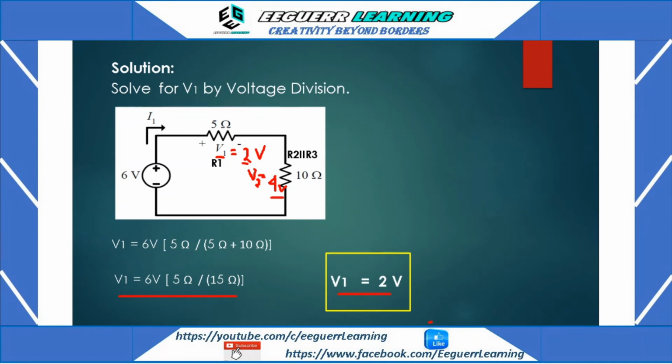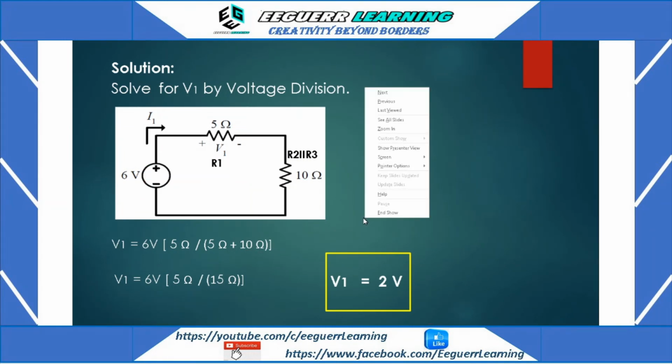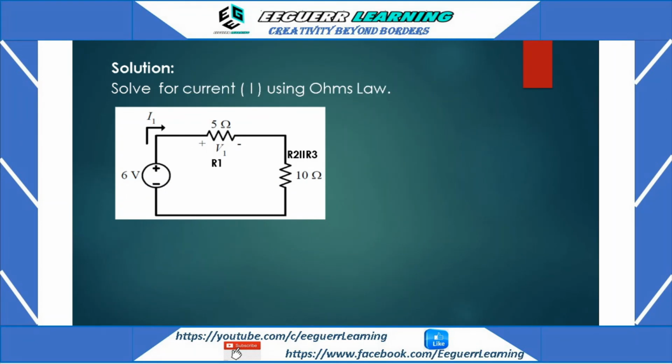So combining 4 and 2 will give us the total of the voltage source of 6 volts. Okay, based from the doubled value of 10 ohms from 5. Okay, so now we are able to solve for our V1, which is 2 volts. We proceed with the next solution.